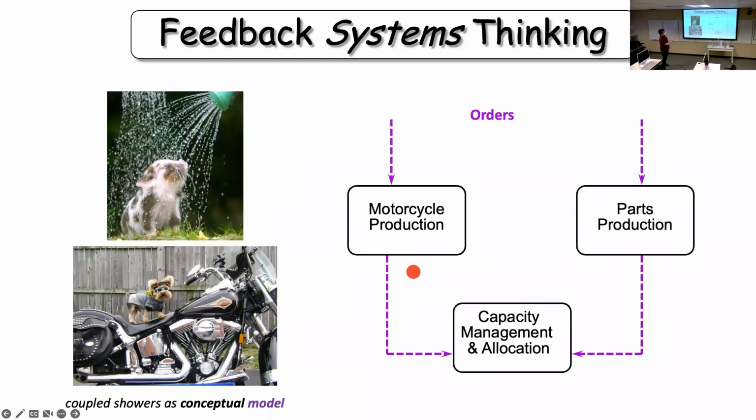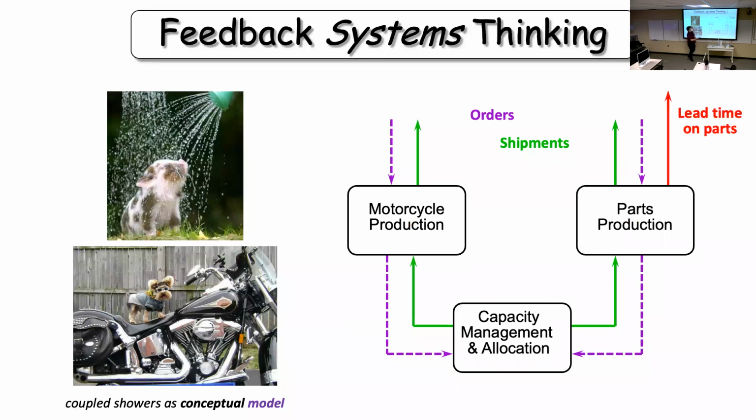Orders come in to both divisions, and the central Harley-Davidson business center here decides where to invest within the company. So they will send money and resources to parts, or money and resources to the motorcycle side. Depending on their decisions, you can get different lead times on your parts or on your motorcycles.